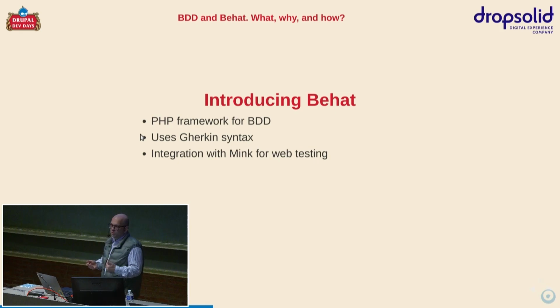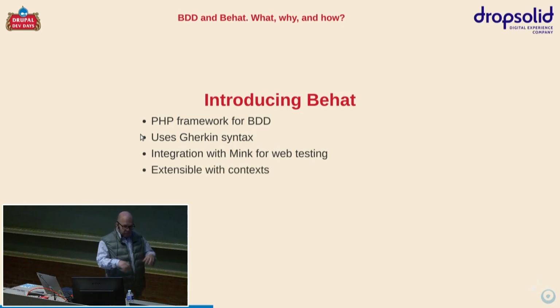But of course, if you use curl, you don't have access to any JavaScript. Then it has more functional drivers like Selenium or Chrome or Firefox. So you actually can control, using the Mink abstraction layer, any browser that you want to test your website in.